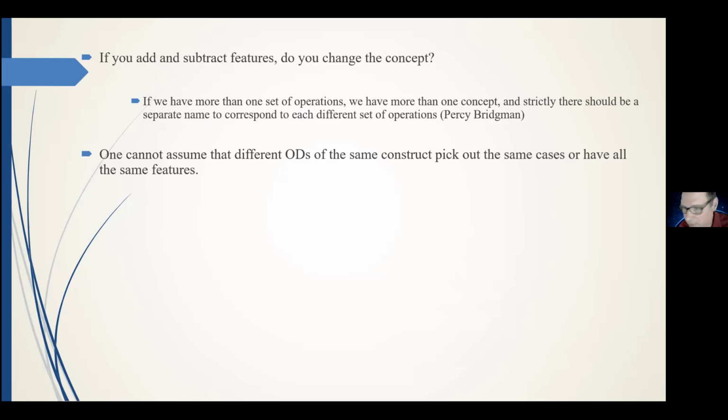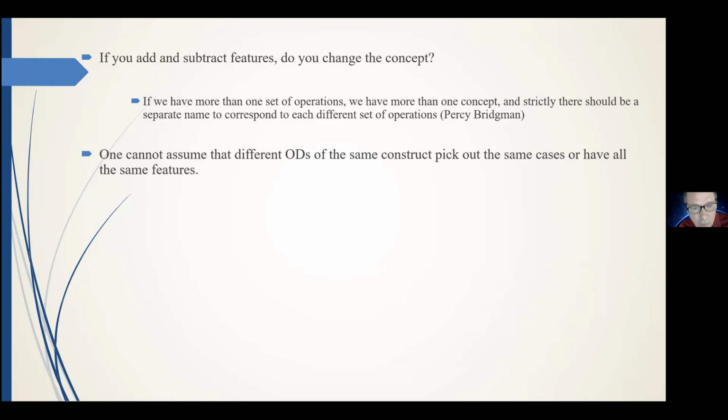Someone in philosophy of science who has pointed this out with respect to cognitive neuroscience is Jackie Sullivan, who argues that sometimes disparate findings from different labs may be a function of defining something like working memory, operationally defining working memory, in different ways. But that doesn't mean they're always different.